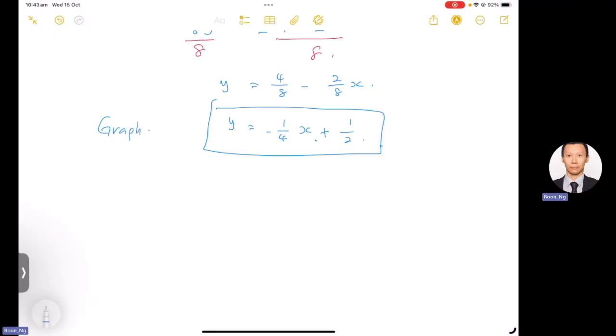So remember, the first thing is we need to set up a table of x and y, and we'll put a 0 here and a 0 here and try to determine what y is.